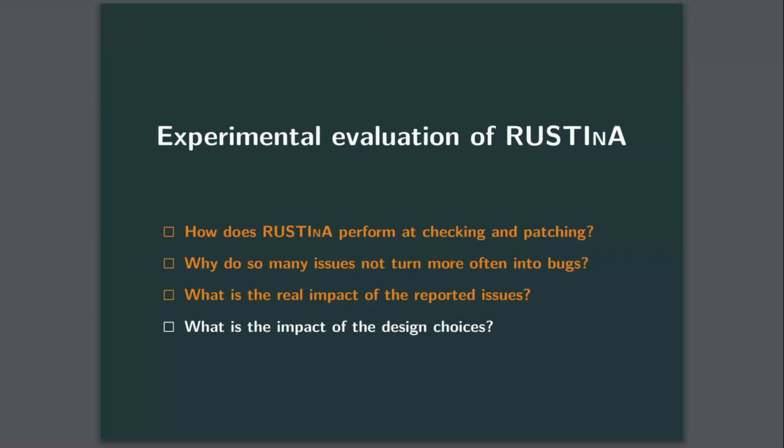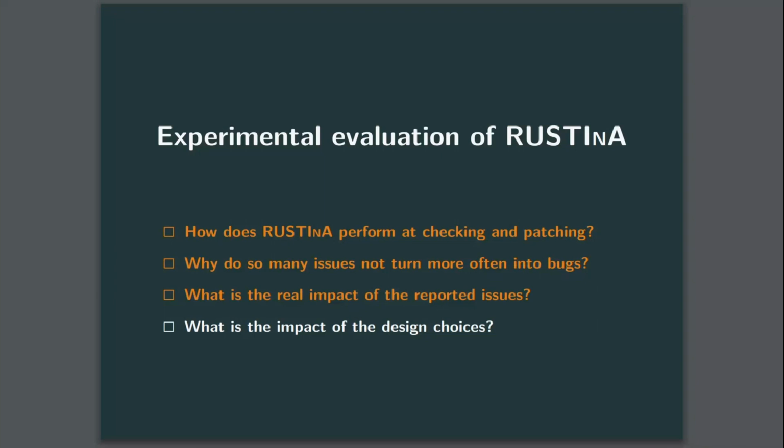And of course, what is the impact of the reported issues in the software community? And something that I will not talk about today: what is the impact of the design choices? So, for instance, what is the gain of the precision enhancers we developed?